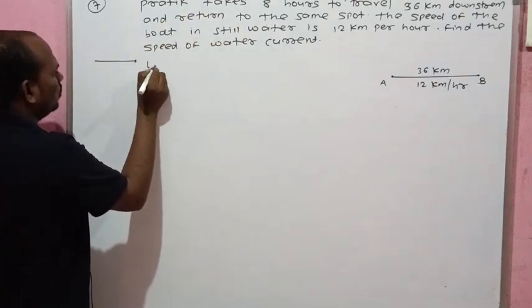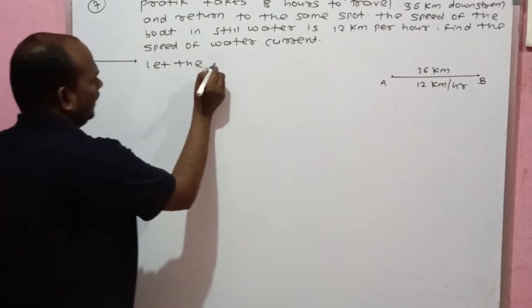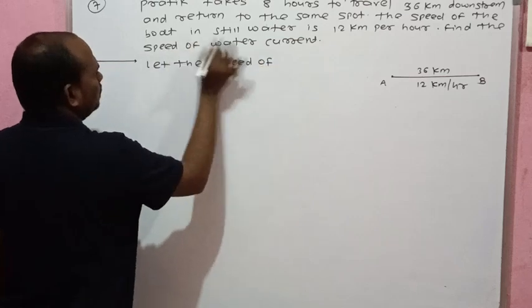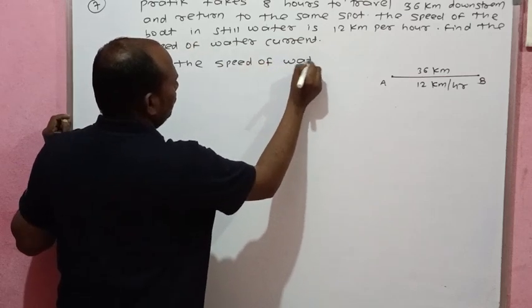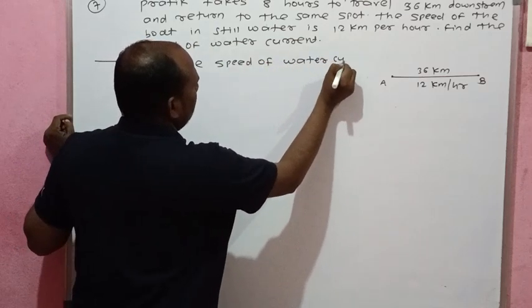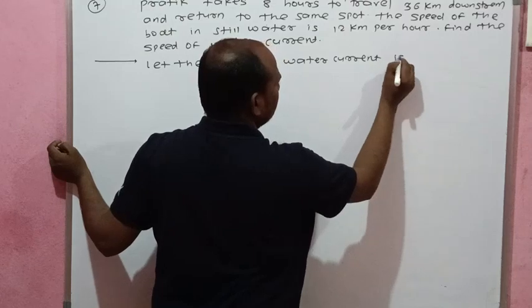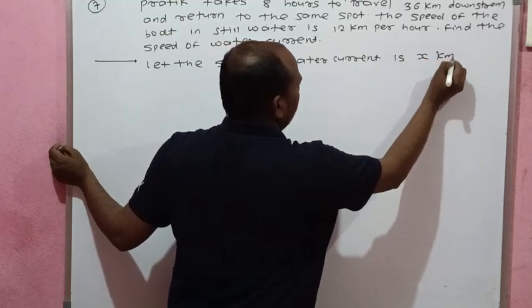Now let the speed of water current is x kilometer per hour.